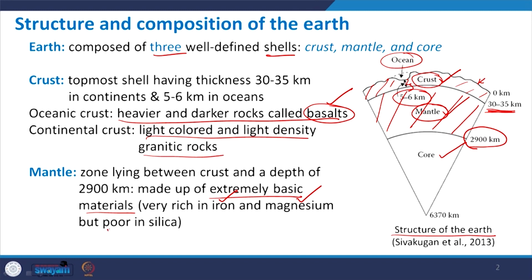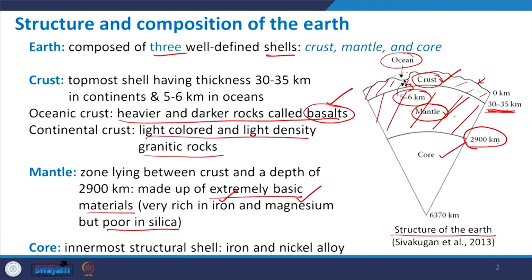However, it is poor in silica. So keep in mind that in case of the crust we have basalt or granitic type of rock. However, in case of the mantle, the material is rich in iron and magnesium but poor in silica, and the thickness varies from 30 to 35 kilometers to 2900 kilometers towards the center of the earth.